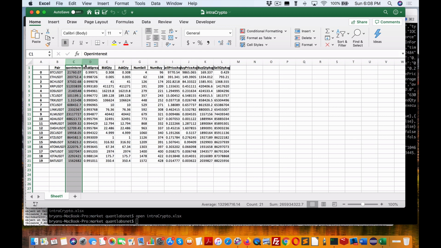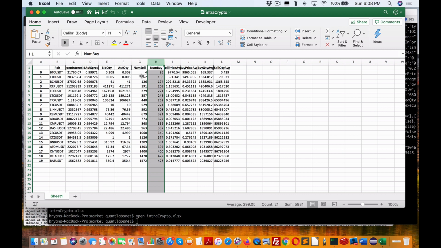We also have, for each one, the bid and ask spread, the bid quantity, ask quantity, the number of sells on the sell side, and the number of buys on the buy side.